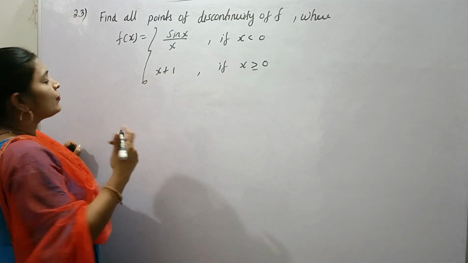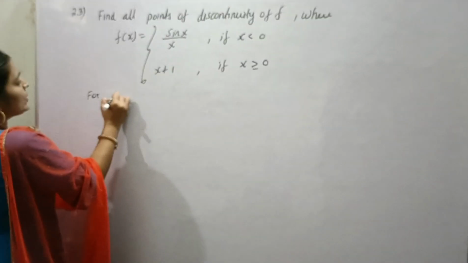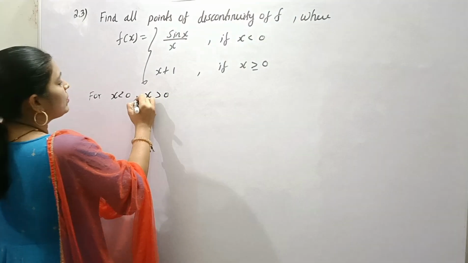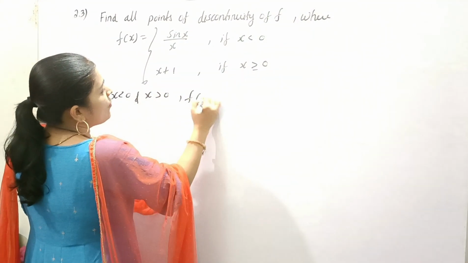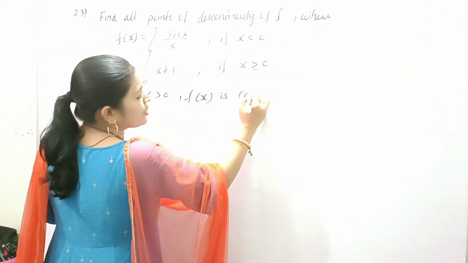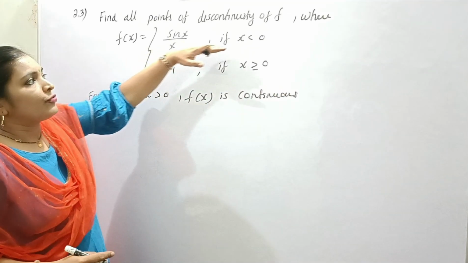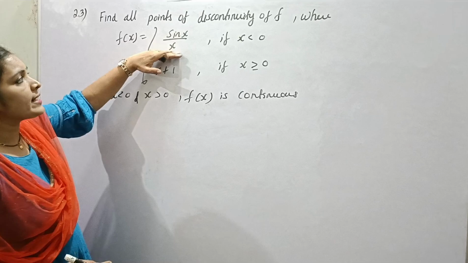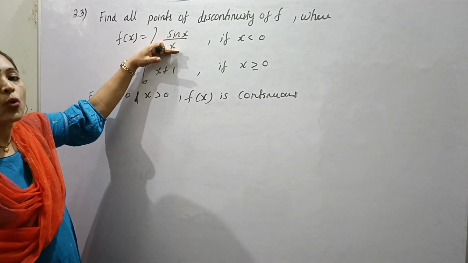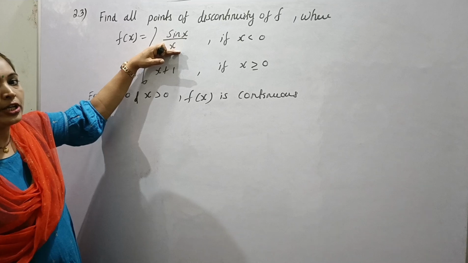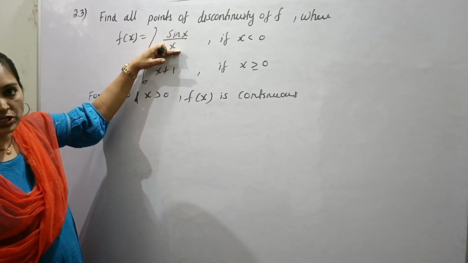Therefore, for x less than 0 and x greater than 0, f of x is continuous. Why? For x less than 0, sin x divided by x is a quotient of two continuous functions, and a quotient of two continuous functions is also a continuous function.